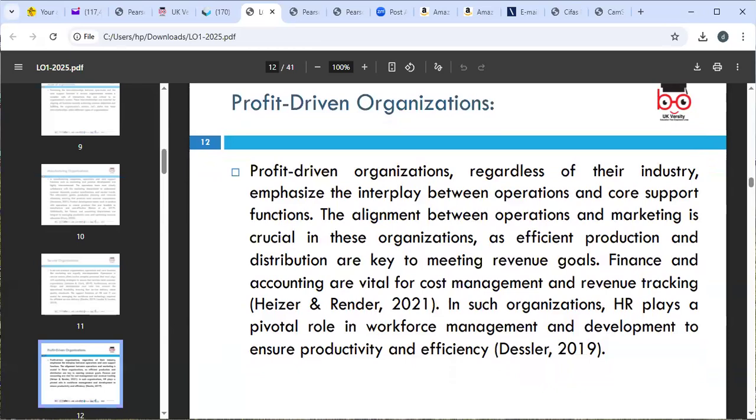Efficient production and distribution are key to meeting revenue goals. Finance and accounting are vital for cost management and revenue tracking. Hanza and Render 2021. In such organizations, HR plays a vital role in workforce management and development to ensure productivity and efficiency.